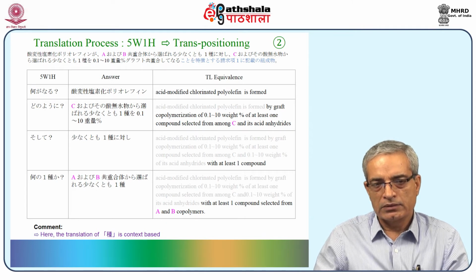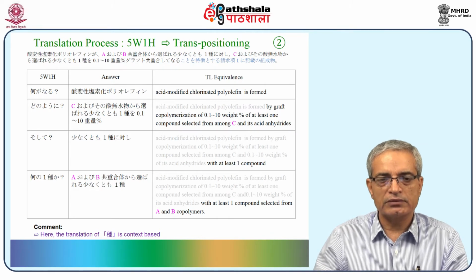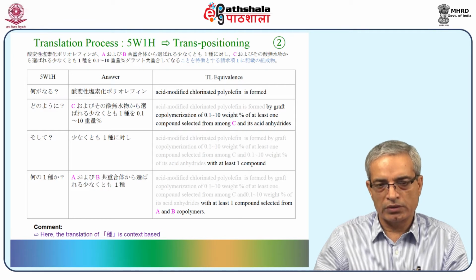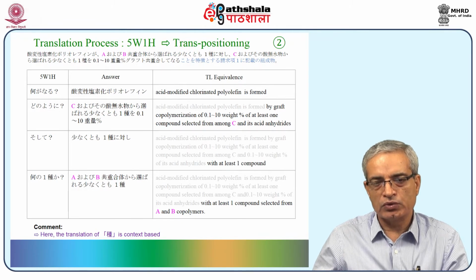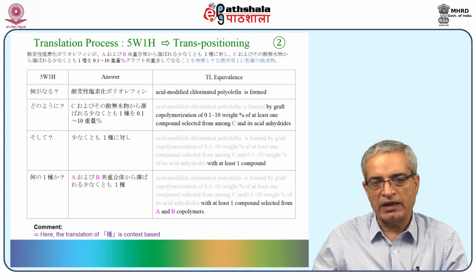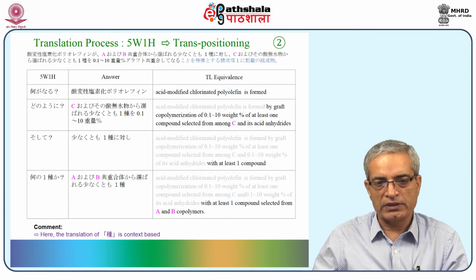Soshite? Sukunakutomo isshu ni taishi, so with at least one compound selected from A and B copolymers.